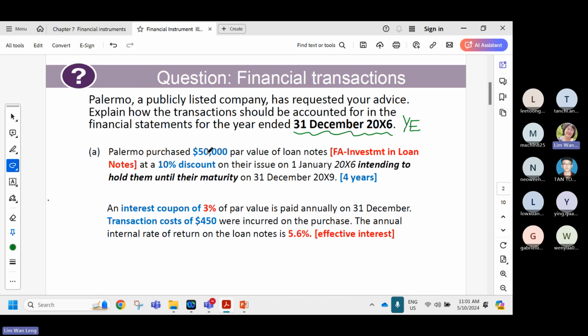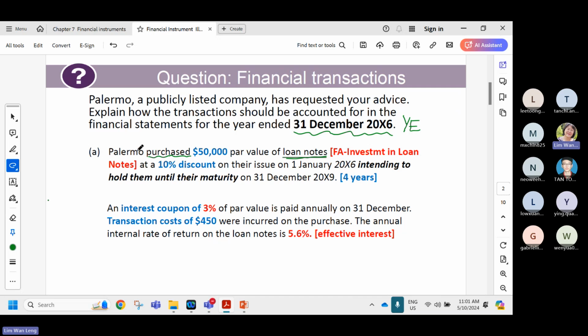Okay, so they tell you scenario A. Palermo purchased 50,000 par value loan notes. So do not be intimidated by the word loan notes and then straight away say that this is part of the liabilities. But remember, the keyword here is Palermo actually purchased loan notes from the issuer of the loan notes.